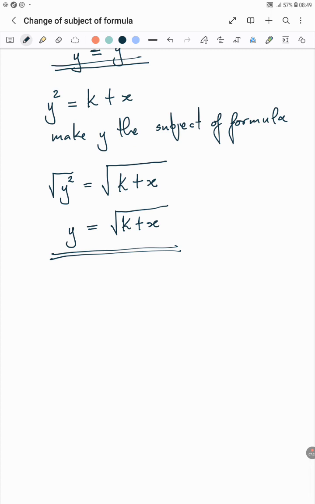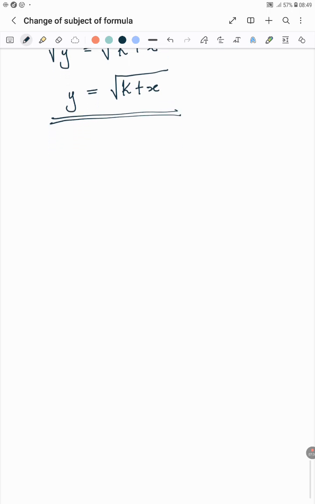Let's say we have a question that says x over n plus 2 is equal to w, and you're asked to make x the subject of formula.